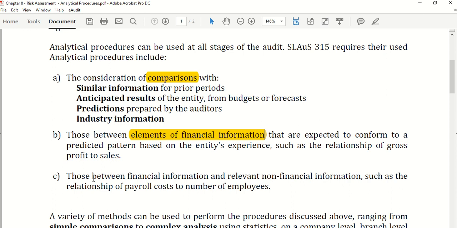Or else those between financial information and relevant non-financial information. You can compare the financial information with relevant non-financial information, like we discussed, right? Salary expense or the payroll expenses, compare with the number of employees. Likewise, you can do analytical procedures in different ways.